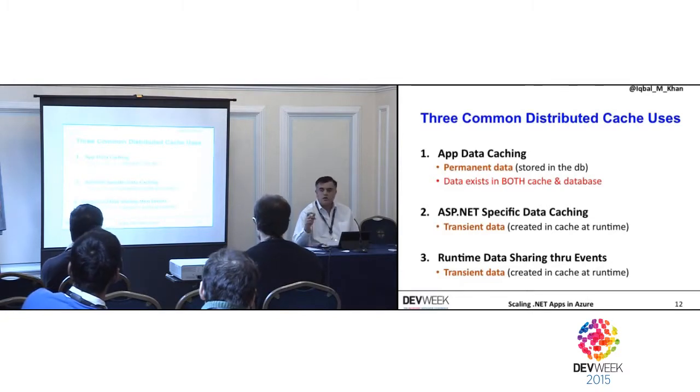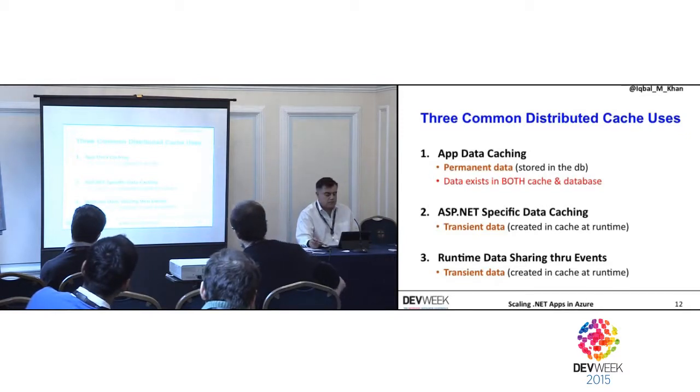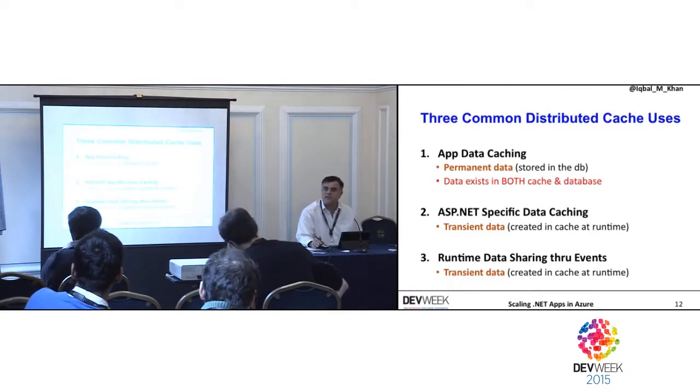So all the issues of having data exist in 2 places have to be resolved by a distributed cache if it's a good cache. If it's not a good cache, then you will have to resolve them yourself. The second use case is some ASP.NET specific data, which is transient data or temporary data. Transient data is data that gets created at runtime.